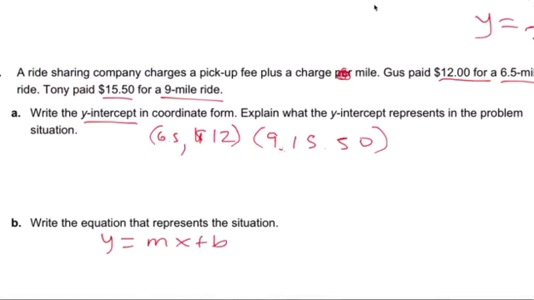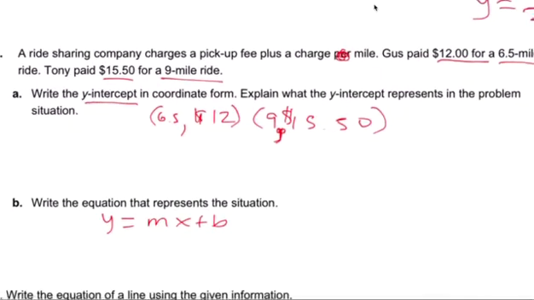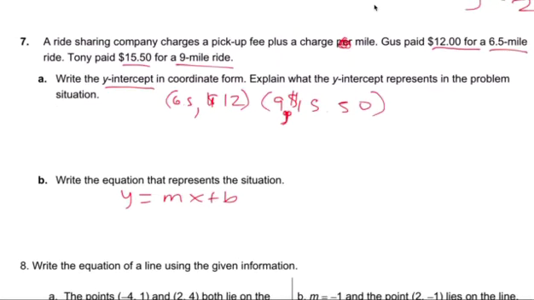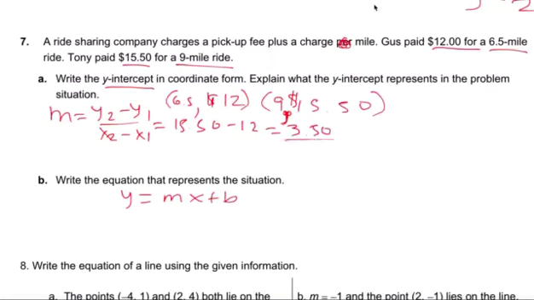So to find the y-intercept, you need to find the slope. M equals y sub 2 minus y sub 1 over x sub 2 minus x sub 1. So your y is 15.50, subtract 12, get 3.50, over 6.5 minus 9, get 2.5.